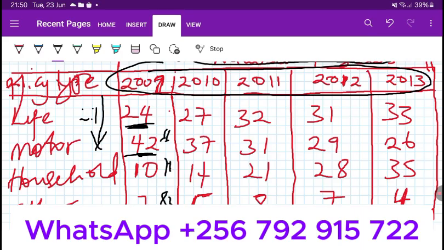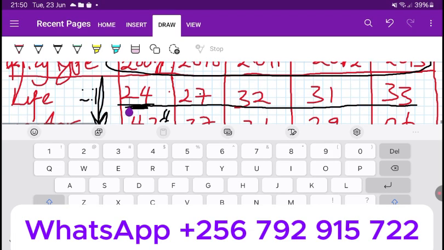You do the same. We are maintaining all these values. Then we add this plus this, and that will be the value for motor. So we are adding downwards. I have this table somewhere, so I'm just going to be picking the information from there. But just know we are getting 24 plus 42, that is 66.